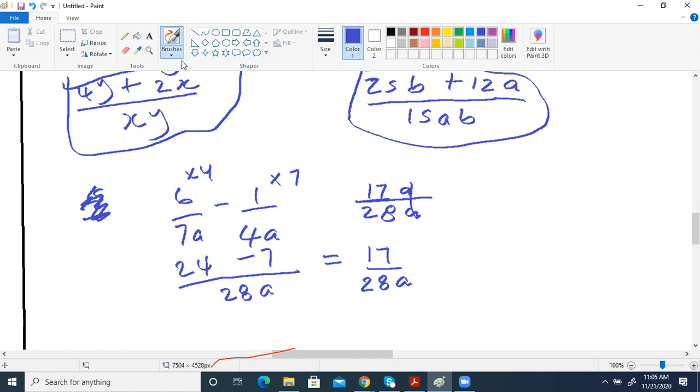Any questions on this one? Yes. All right, what's up? Sir, I didn't go so far with the simplifying. When you come to 24 take away 7 over 28a, do you just leave it as that? Why not? I just never continue. That's how I leave it. But all right. Because these are numbers, these numbers can subtract.